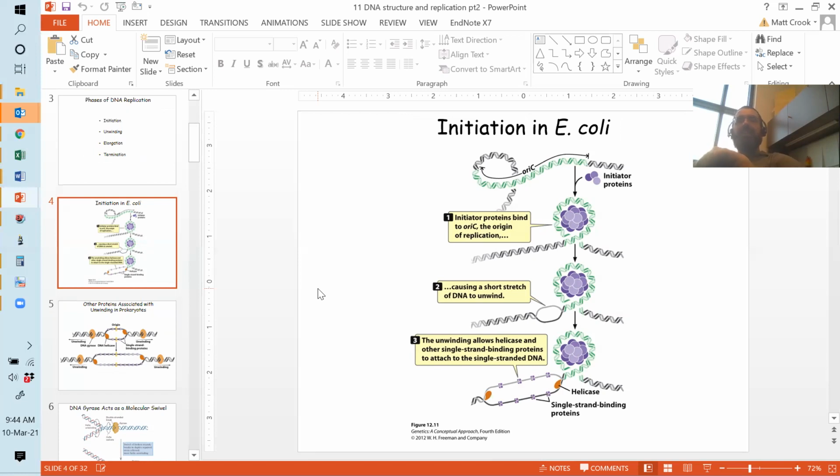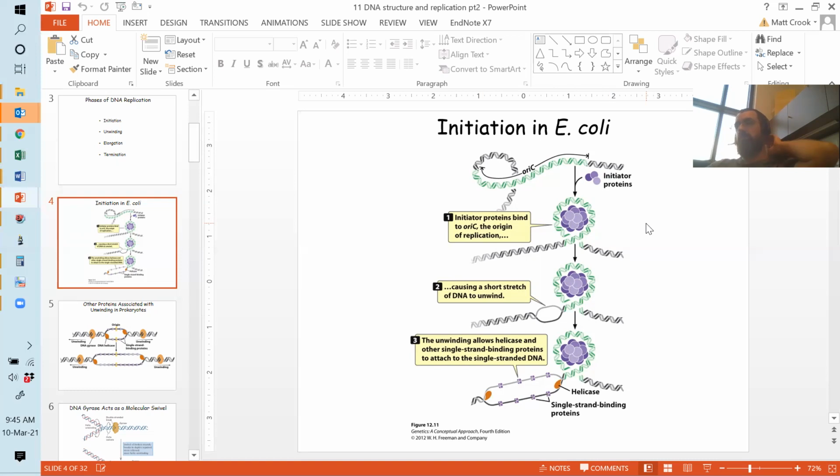So essentially, to initiate DNA replication in E. coli, you need a bunch of different proteins. The first is these initiator proteins. What they do is they recognize this DNA sequence. There are a lot of proteins that are DNA binding.